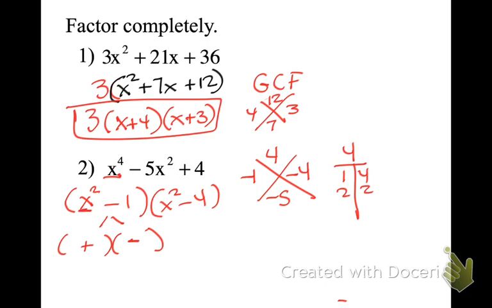The root of this is x, the root of this is 1. What does this factor to? x plus 2 times x minus 2. There we go. Questions? So first, we just factored it, and then we found the difference of squares. Okay, questions? Let's try 2 more.